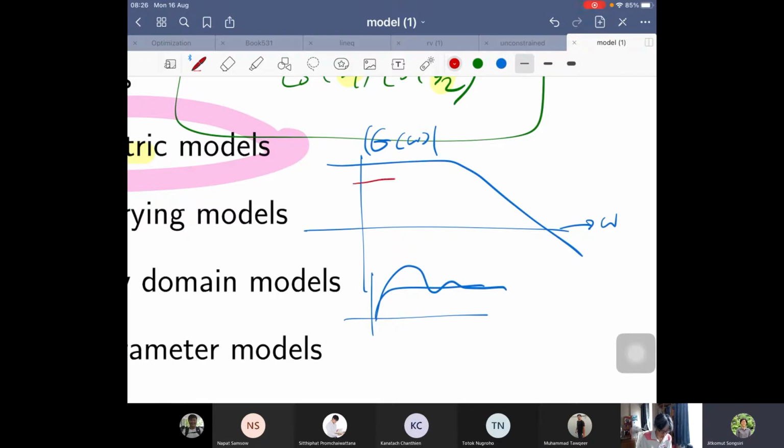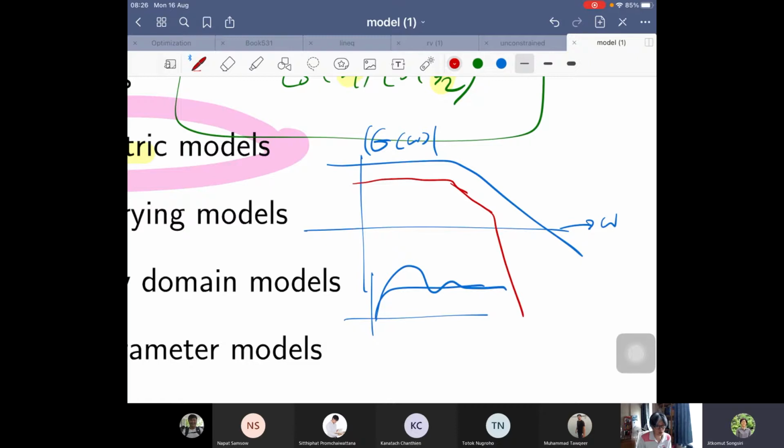For example, if you see a Bode plot of the red line compared to the blue line, you will see that this must be the frequency responses from two different systems.